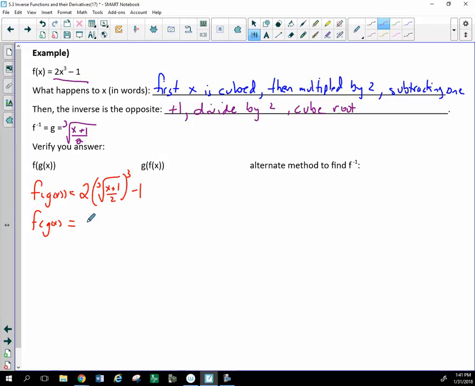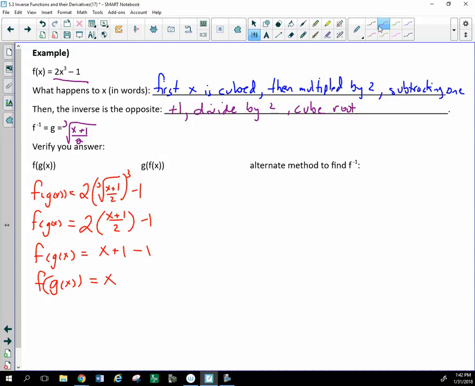Well, cubing a cube root gets rid of that, so I get 2 times x plus 1 over 2 minus 1. And if I multiply and divide by 2, I believe those guys go away. So I'm left with x plus 1 minus 1. I lost the parentheses because I did the multiplication. And then f of g of x will turn into, when we add and subtract the 1, we get just x.